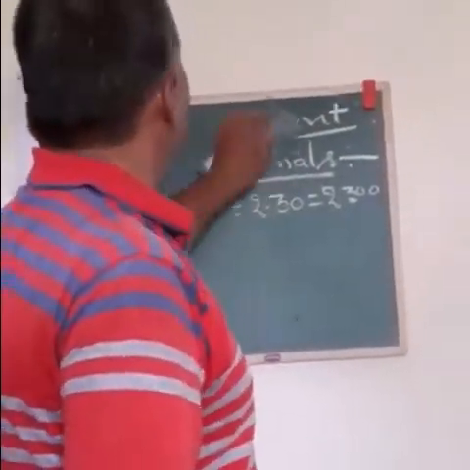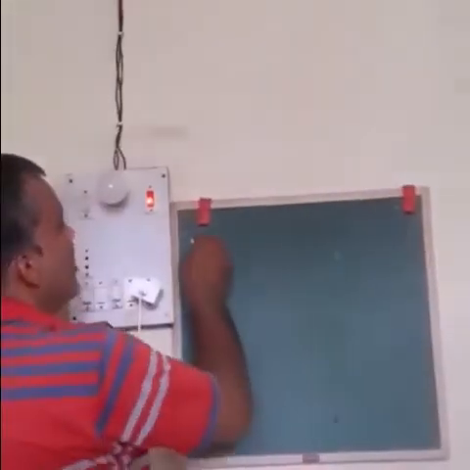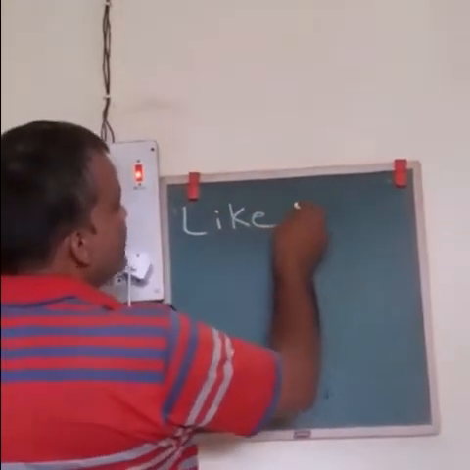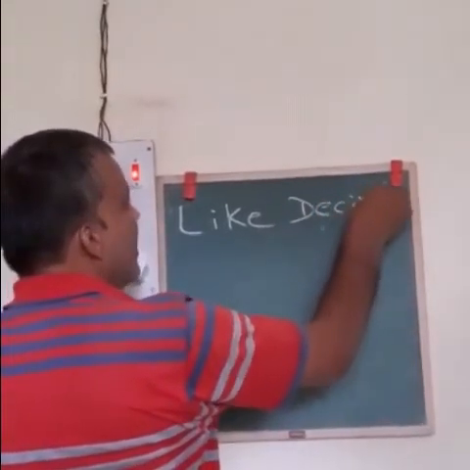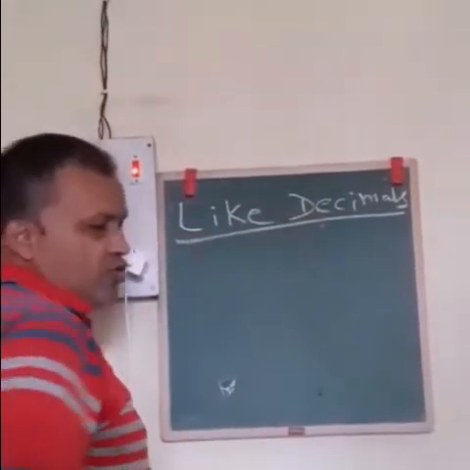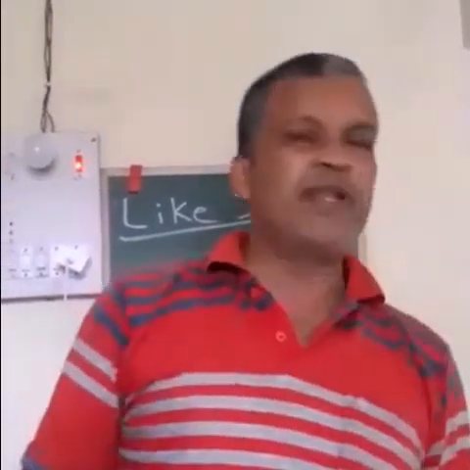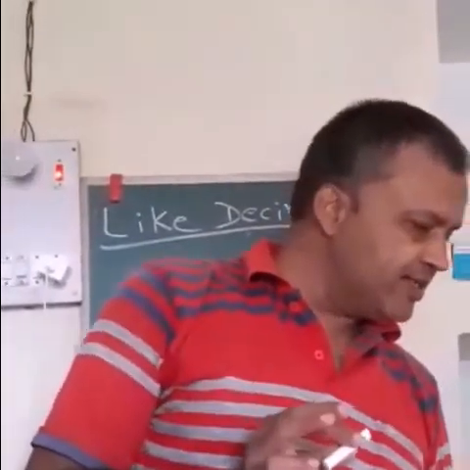Now, I want to tell you today also about like and unlike decimals. At first, we understand like decimals. What are like decimals? You should know decimals having an equal number of decimal places are called like decimals.